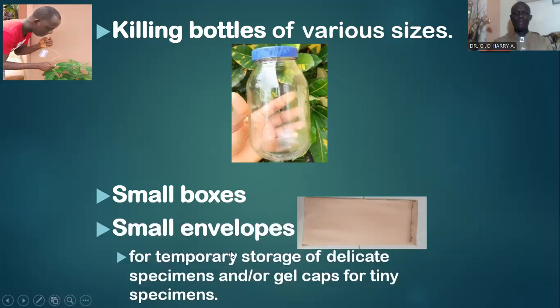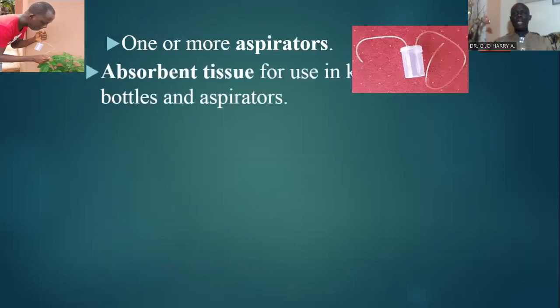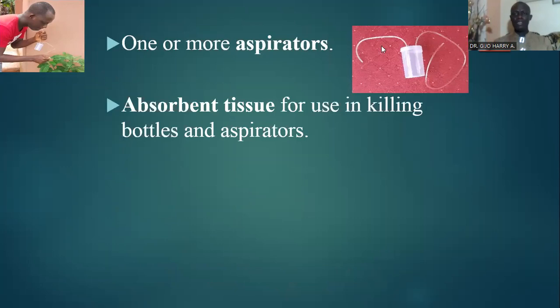Then small envelopes, which are used for temporary storage of delicate specimens, and or gel caps for tiny specimens. We also need one or more aspirators. An aspirator is used for the collection of small insects. Then absorbent tissue for use in killing bottles and aspirators.